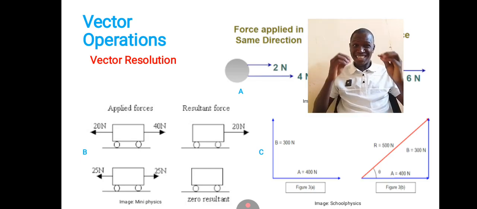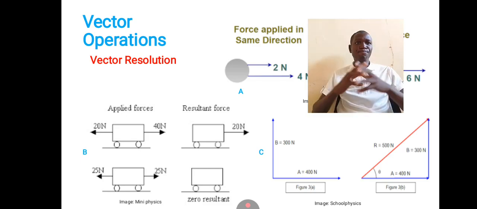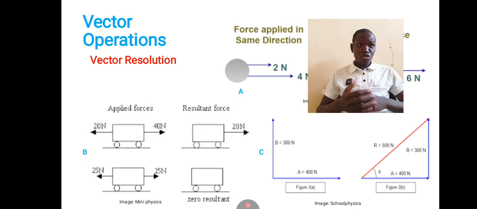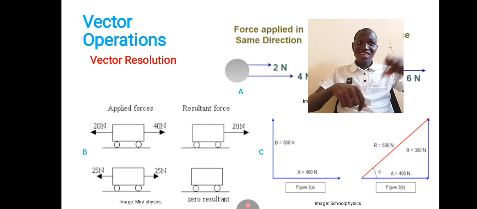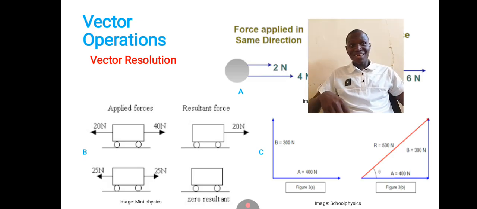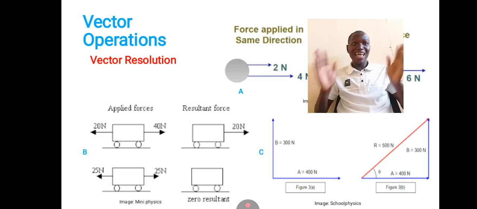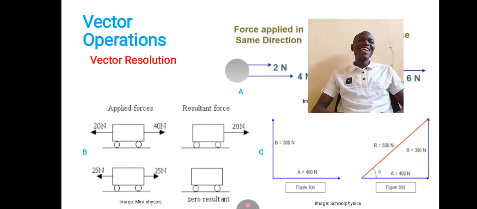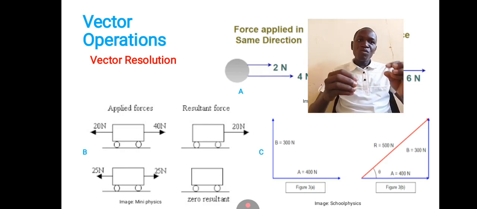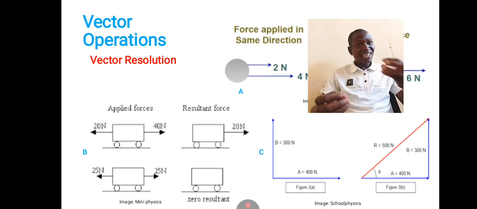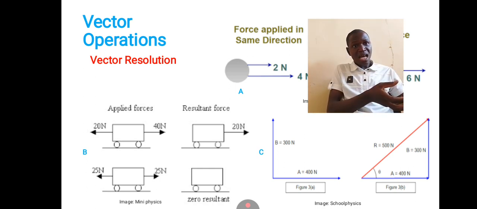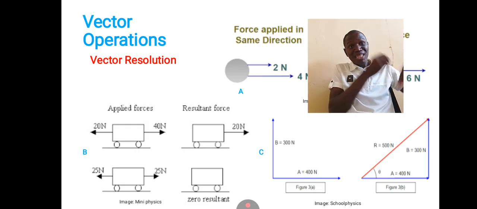That is opposite direction. All right, those of us that used to play that game where they will give you a rope, this class will stand in this direction, the other class will stand in the other, and they will be pulling it to see who will cross the line. You know that. So now, will the car move? Yes. In what direction? In the direction where the force is higher. But at what force will it move?